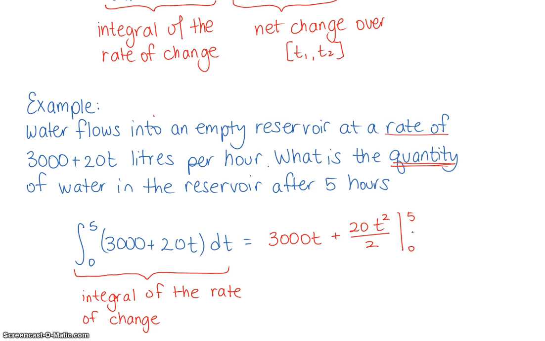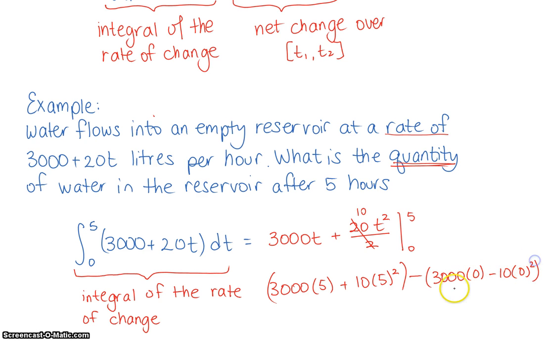That means we can then say 3,000 times 5 plus, this becomes just 10 times 5 squared, subtract, again, 3,000 times 0 minus 10 times 0 squared, which we know just becomes 0 as a whole. So then if we multiply this out, we'll get 25 times that, so you get this.